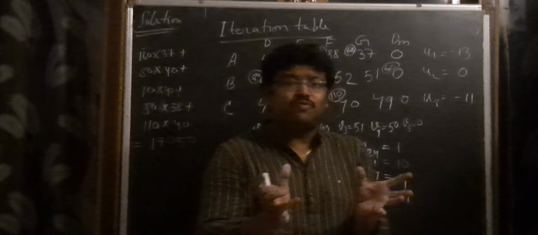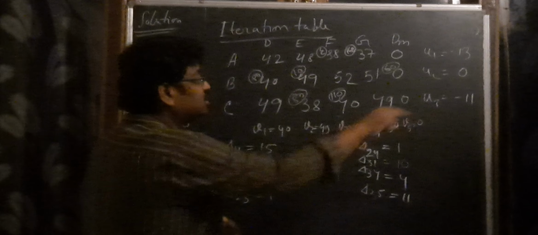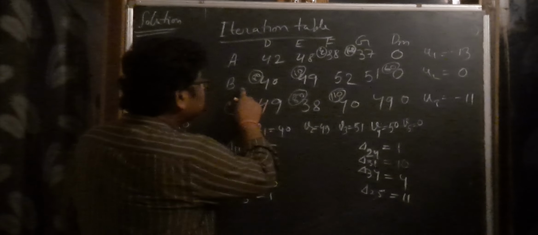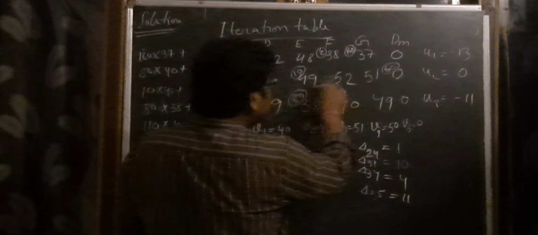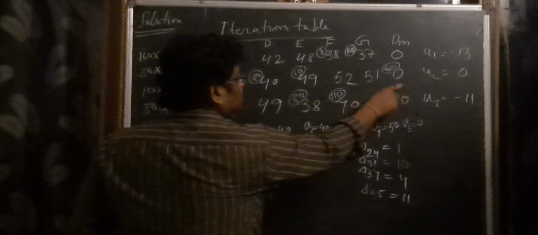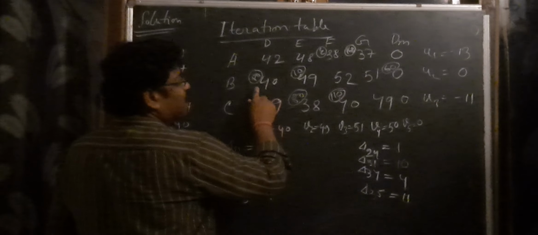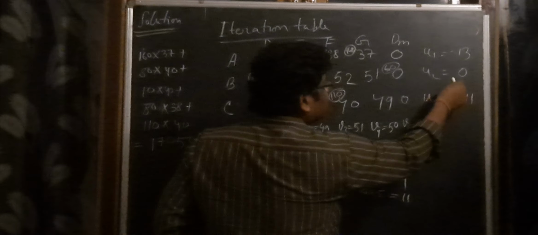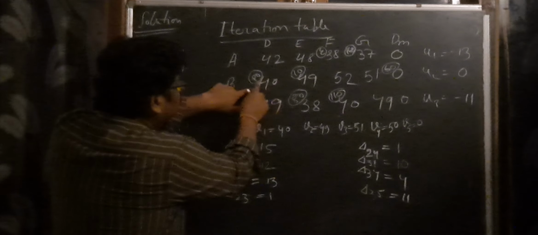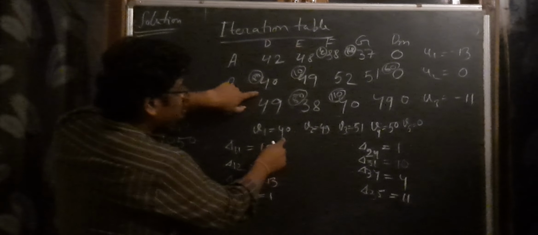So by using this formula, and as I have mentioned earlier, there is a maximum allocation in this row, and we put U2 equal to 0. As U2 is equal to 0, the allocation is here. So 40 minus U2, that is 0, is equal to 40, V1.